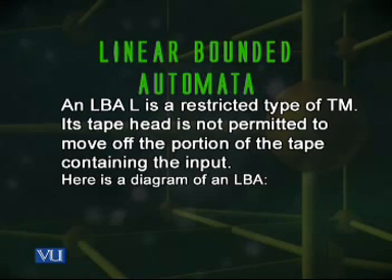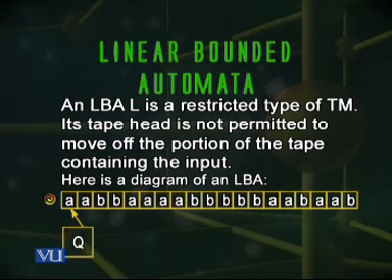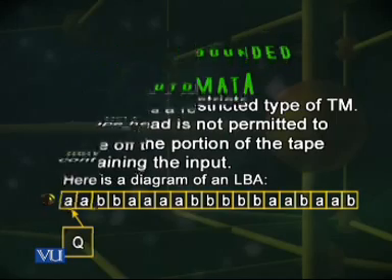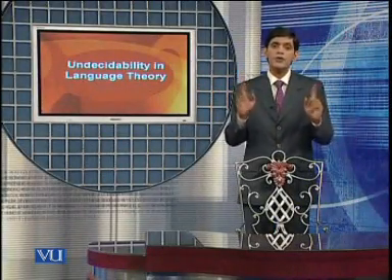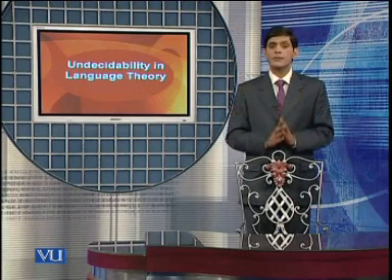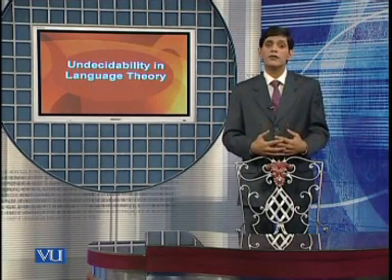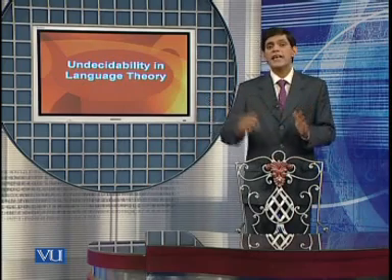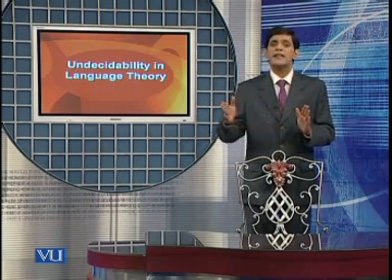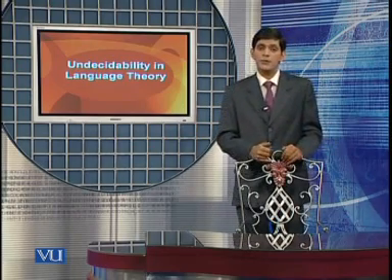So you can think about a linear bounded automaton as a Turing machine which has an input tape, and you give it the input and you chop off the tape. So it is not allowed to have an infinite tape. It only has as much tape as the input. So if the input is extremely long, then it has a lot of tape. However, if the input is really short, then it has very little space to work on. These machines are called linear bounded automata. Linear meaning they only take as much space as is linear in the size of the input.